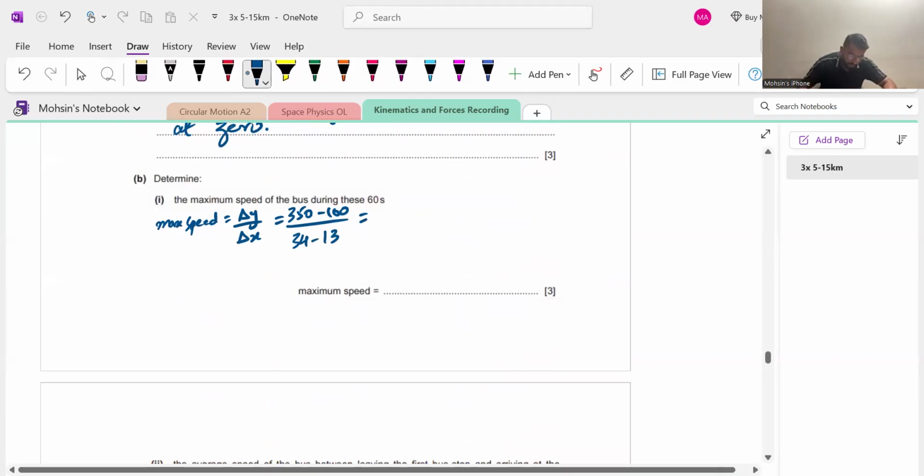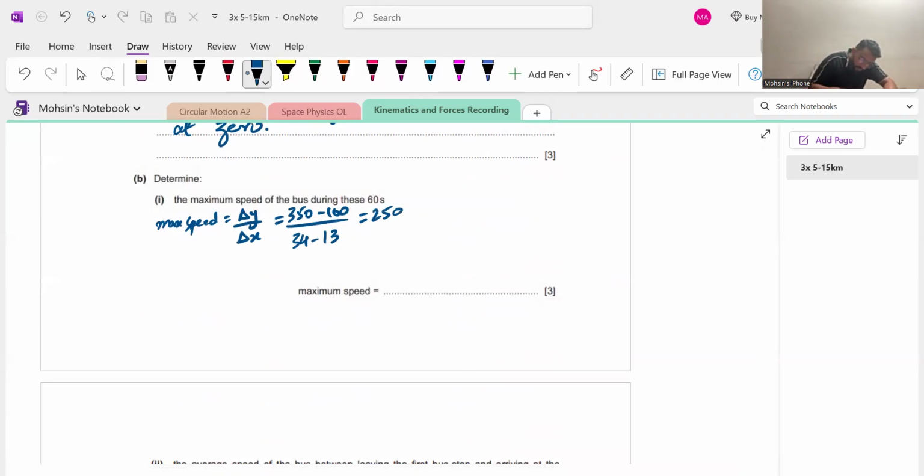What I'm going to get here, 250 over 21. So this is 11.9. So 12 meter per second is the highest speed here.